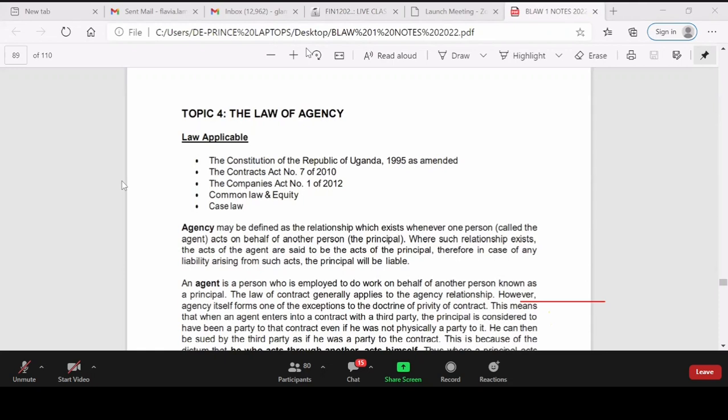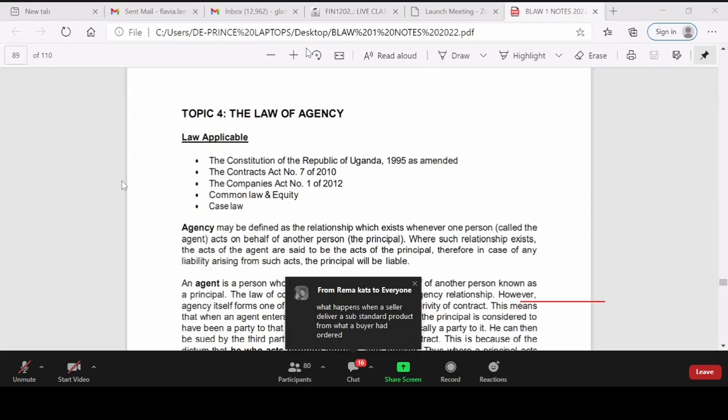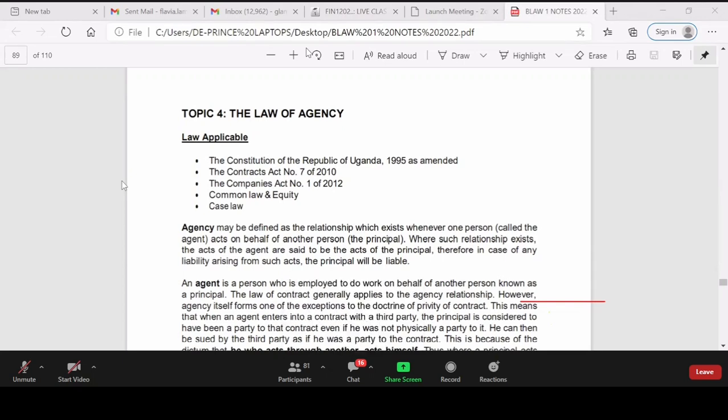Yeah, like I said, when you call the supplier, tell them, please come, I have a problem with my car, for example. It's failing to start. The mechanic jumps onto a boda, dashes all the way, comes. And then you say, you know what? I don't need you now, please, just go.